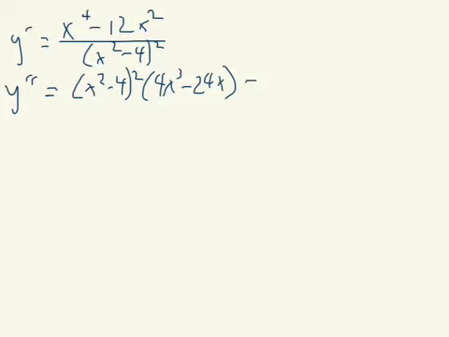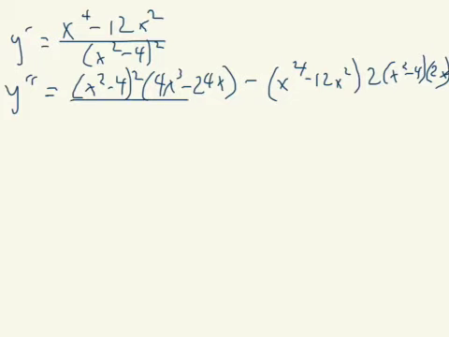Minus, rewrite the numerator times the derivative of the denominator, which is 2 times x squared minus 4 to the first times 2x. And of course, this is all over x squared minus 4 squared, so now it's to the fourth.